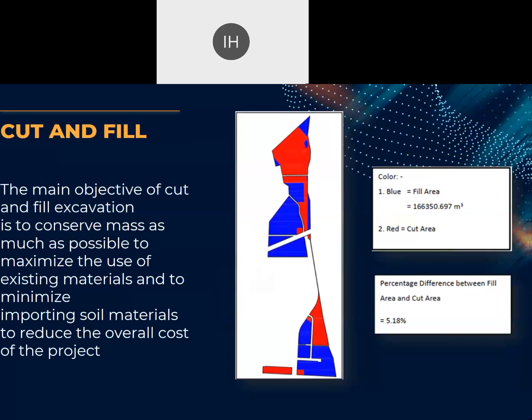And for cut and fill, the main objective of cut and fill excavation is to conserve mass as much as possible to maximize the use of existing material. The color blue indicates fill area and red indicates cut area.